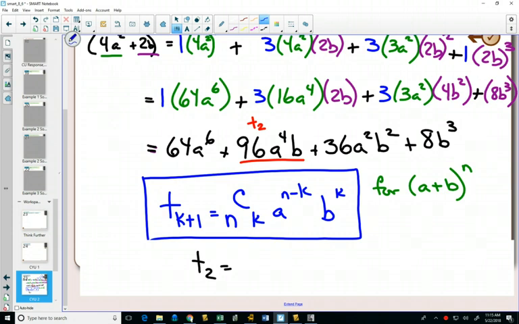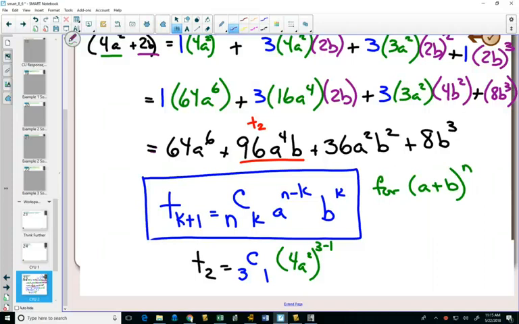I'm going to color code things the same way I colored things before. So the n choose k, in this case, because the exponent is 3 and k is 1, I'll write that in blue. 3 choose 1. A to the n minus k, I'm going to do that in green. The first term in my expansion was 4a squared. N minus k would be 3 minus 1.